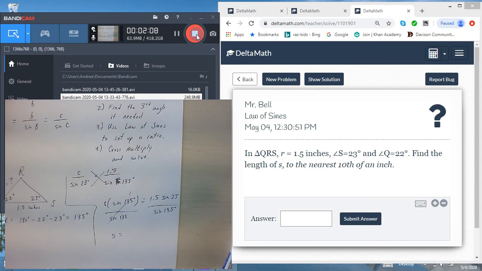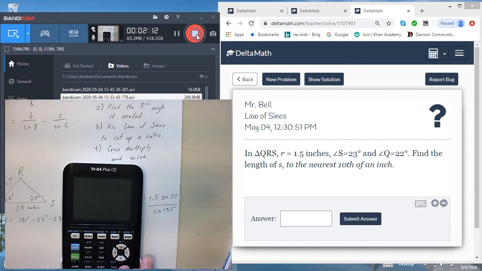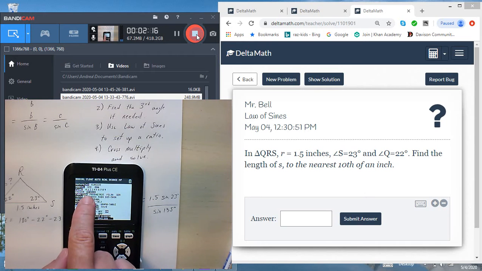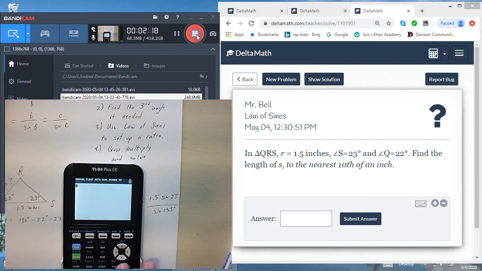All right, so we could use Delta Math again. I mean, I know a lot of you guys have your calculators too, so if you're using this, make sure you're in degrees mode, okay? And so we just got to punch in 1.5 sine 23 degrees, and then we want to divide that by sine of 135.